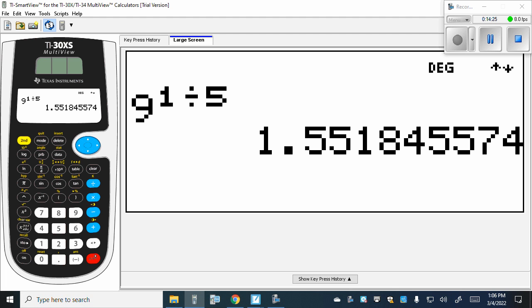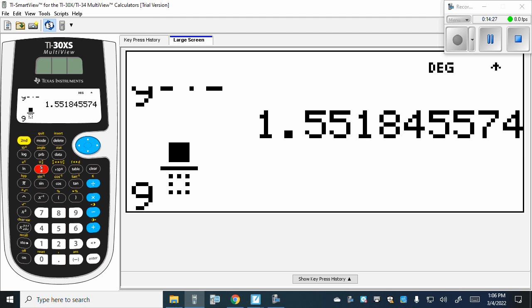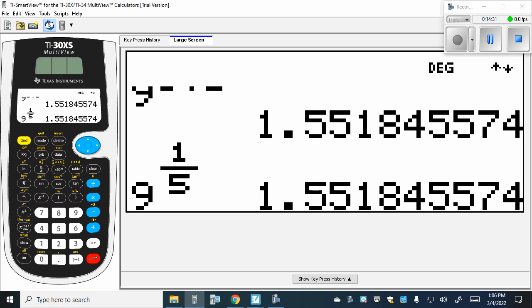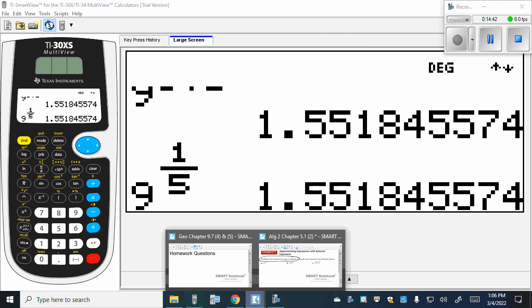We could also have done 9 to the 1/5 using a fraction instead of the division, but it would still give us the same thing. And since it wants us to go to 2 decimal places, it'd be 1.55.